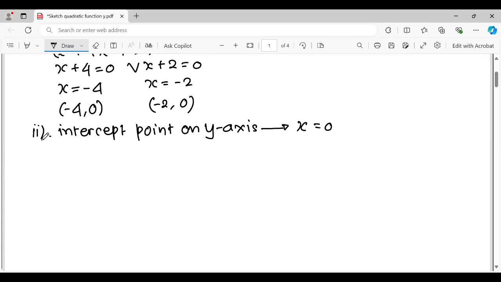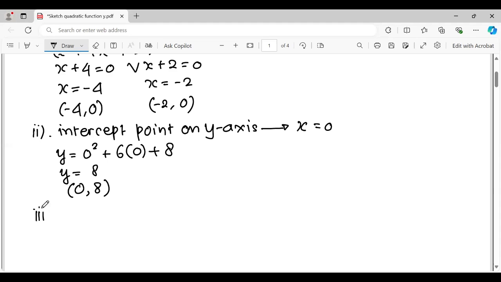If x equals 0, we can write the function like this: y equals 0 squared plus 6 multiplied by 0 plus 8. So y equals 8, and the intercept point we get is 0, 8.